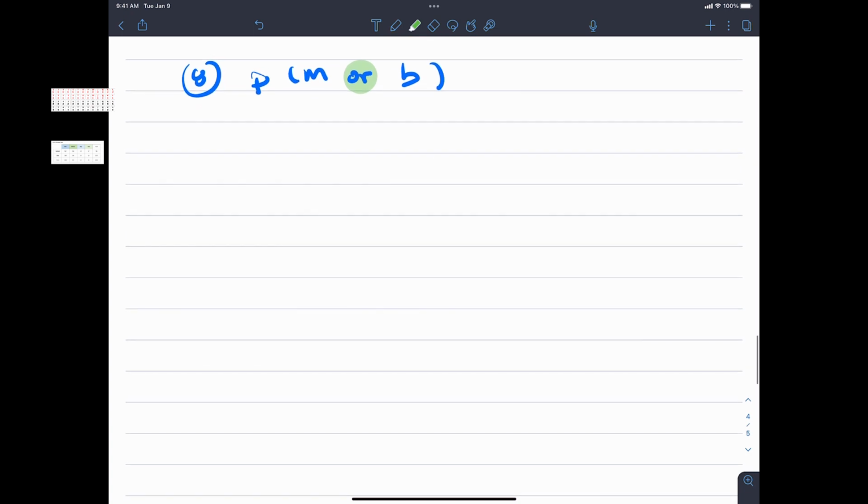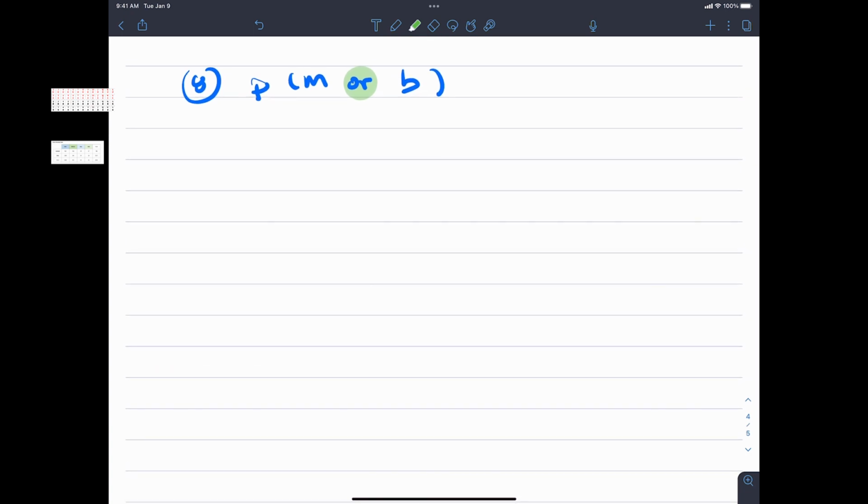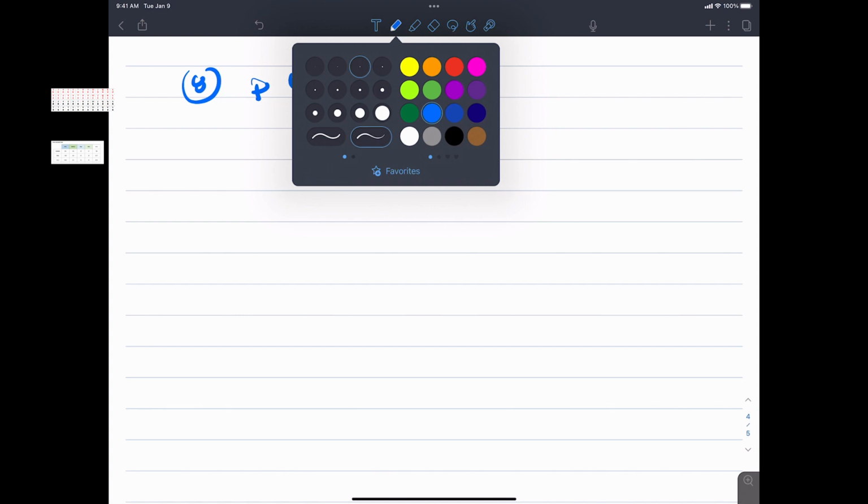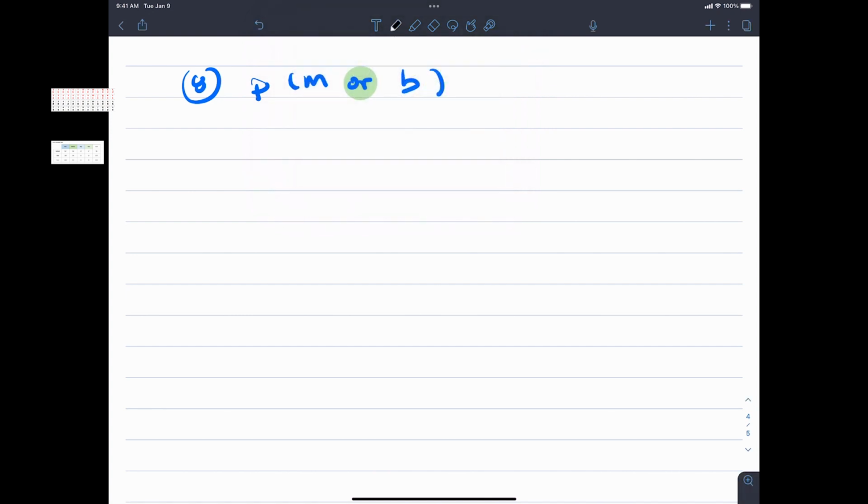So what I want to share with you guys here is this. If you see the word or, that's really code for another formula. Okay? You guys ready? It's one formula. I'm going to share with you guys the formula. One formula.